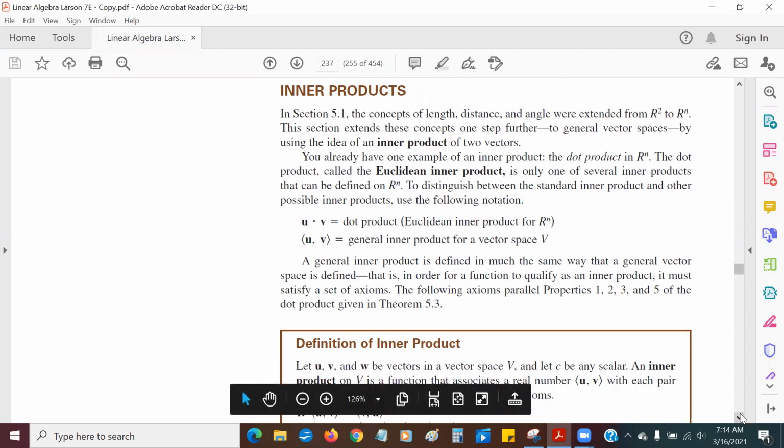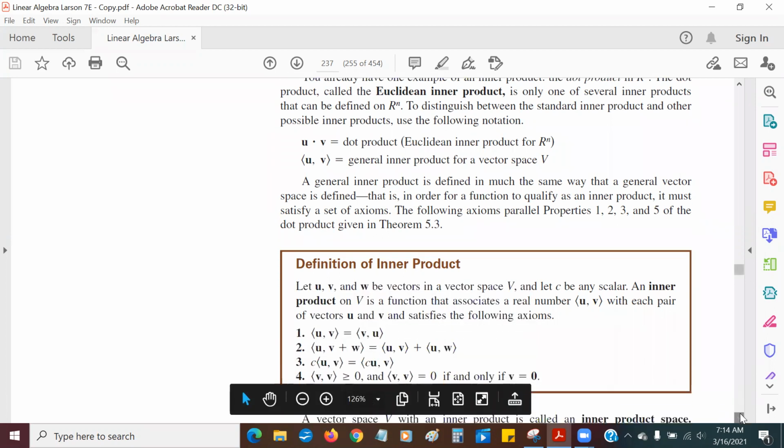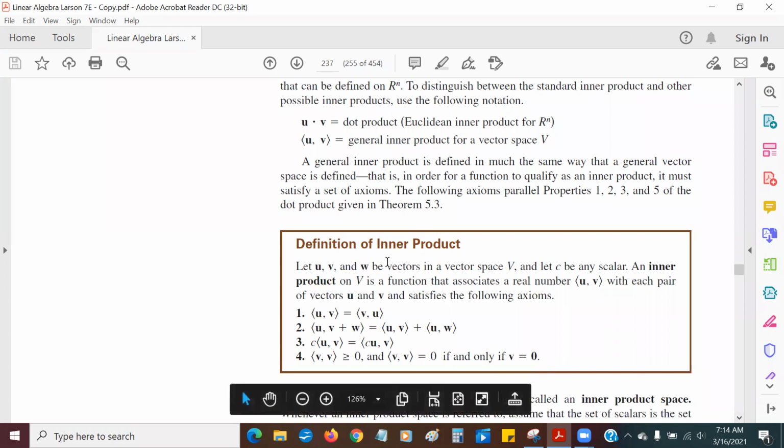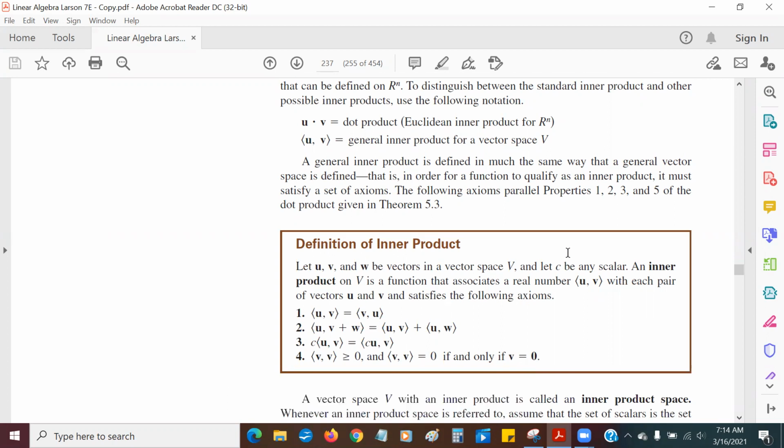And let's just get right to it. So this is the definition of an inner product. U, V, and W are vectors in a vector space V, and C is any scalar, so a scalar is just a good old real number.